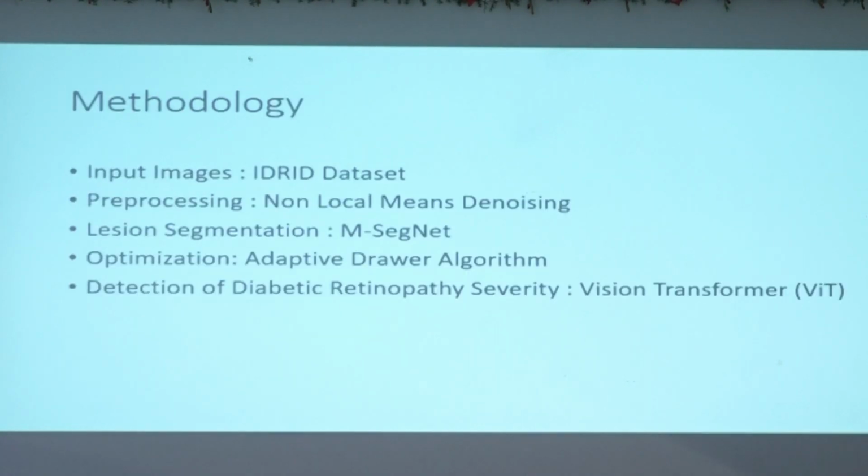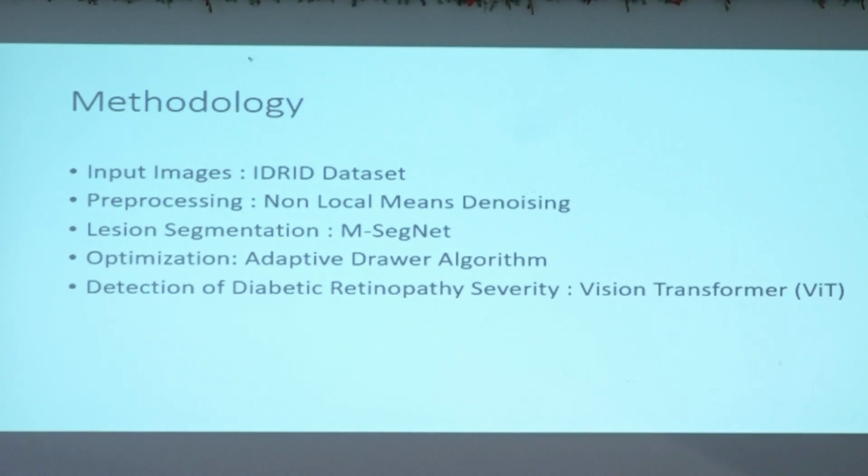So my research methodology consists of input images, pre-processing, lesion segmentation, optimization, and detection of diabetic retinopathy severity. The input images I have taken from the IDRiD data set, and for pre-processing I am using non-local means denoising. I will come to that section in detail.